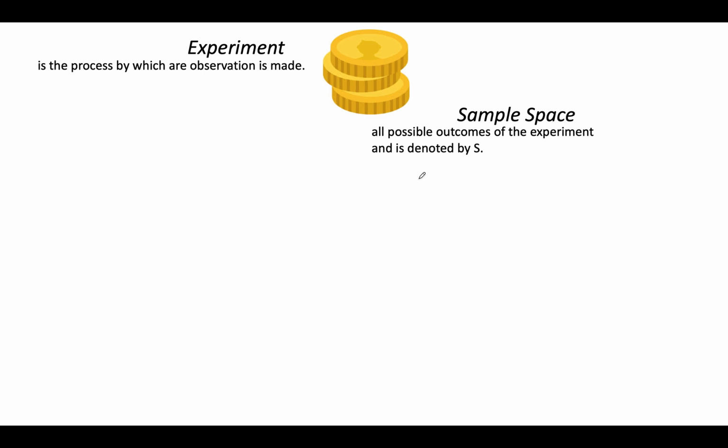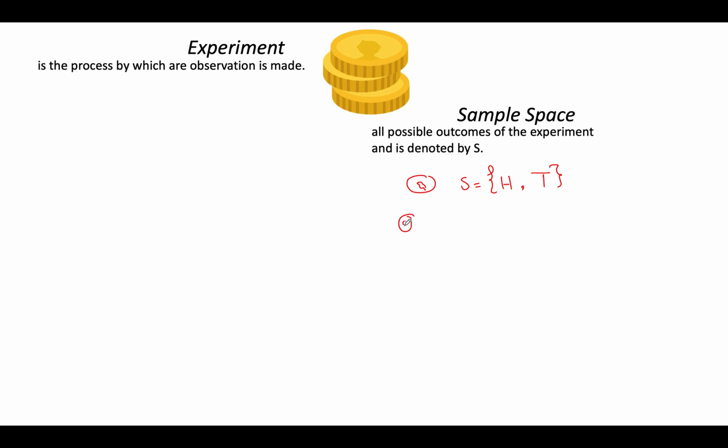So in case I'm tossing one coin, then my sample space is either I will get head or tail.